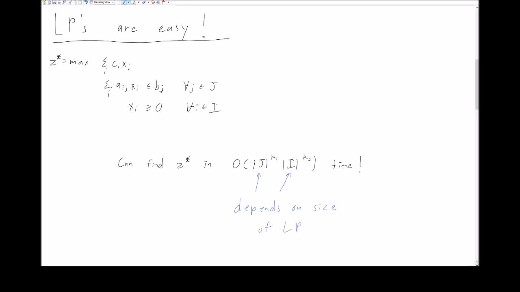So, for example, if we were to model our problem as a linear program, but this linear program has an exponential number of constraints, then in fact we haven't found an algorithm or a solution technique that's going to solve this problem in polynomial time. That's because the algorithm for the linear program is going to run in exponential time in the original problem instance.